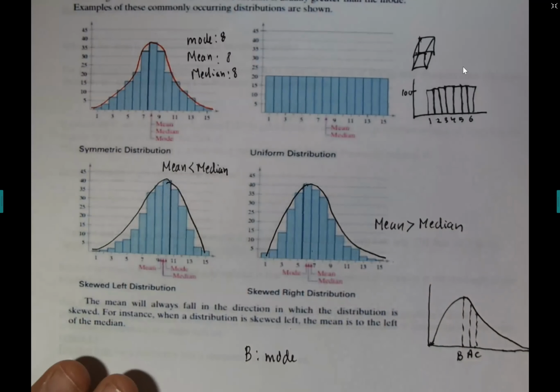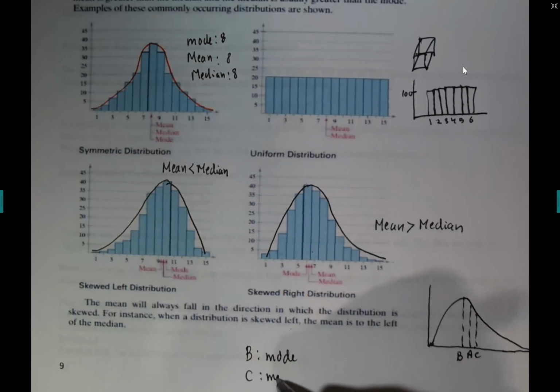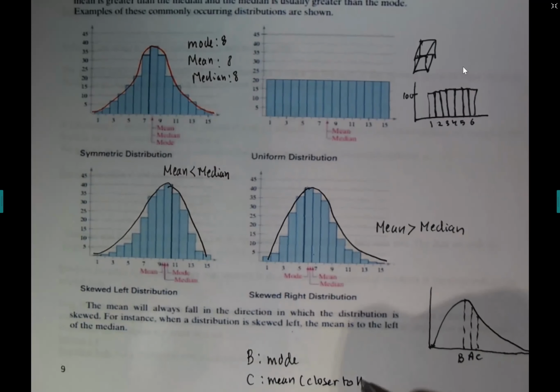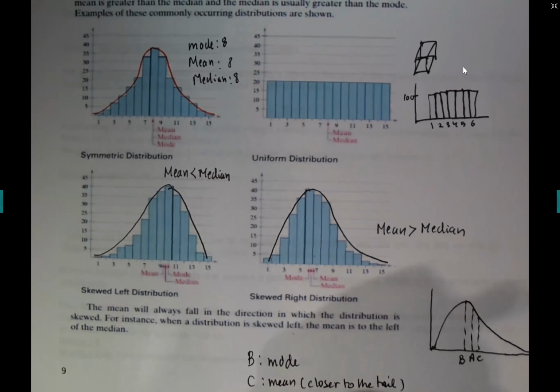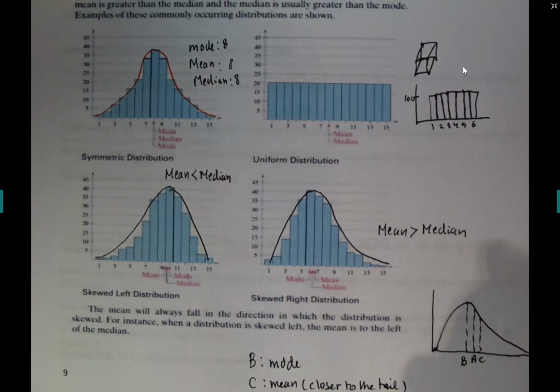No, the mean is always closer to the tail. This is the tail. Which one is closer, C or A? C. So C must be the mean. And now, guys, you have no choice but for the median to be A.